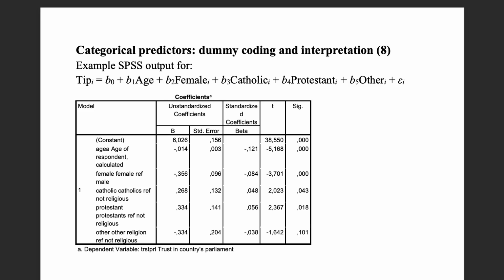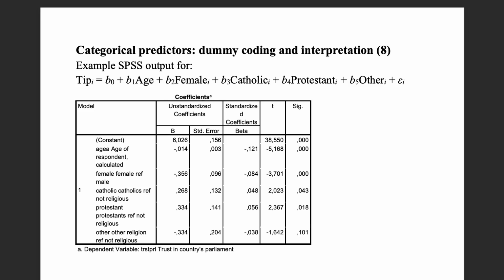We have one coefficient for female because, yes, it's a categorical variable, but the ESS reduced that to 2 categories. So we only need one dummy variable to capture that gender effect. But we needed 3 different categories to capture the religious denomination effects because we disentangled that into 3 different potential categories: Catholic, Protestant, and other.